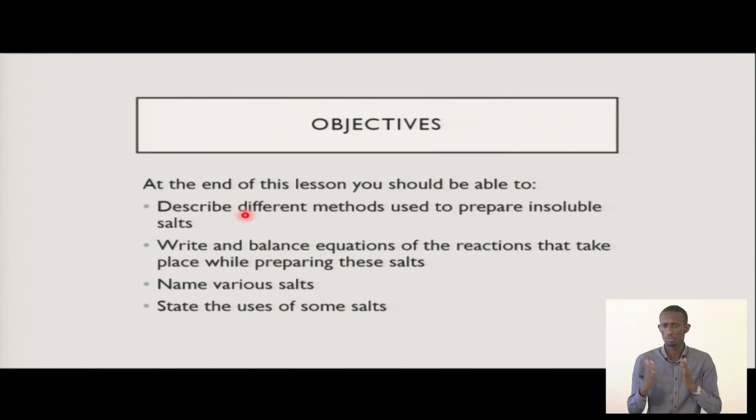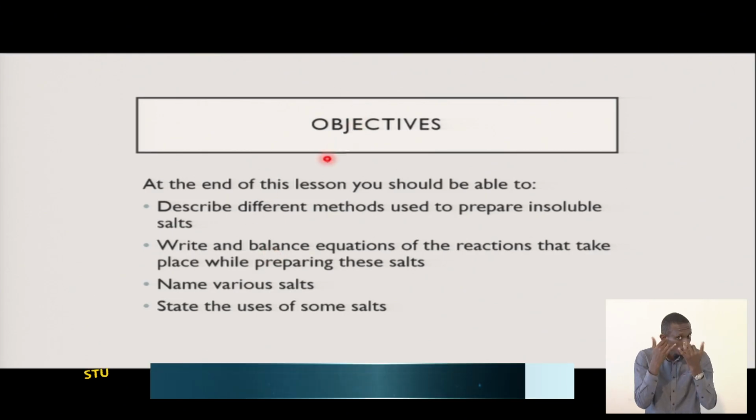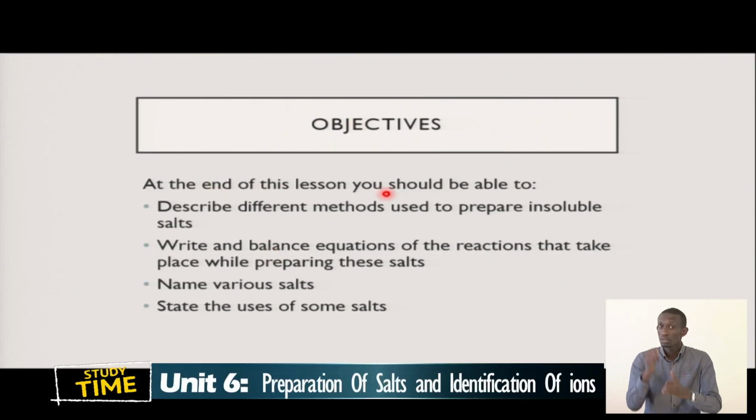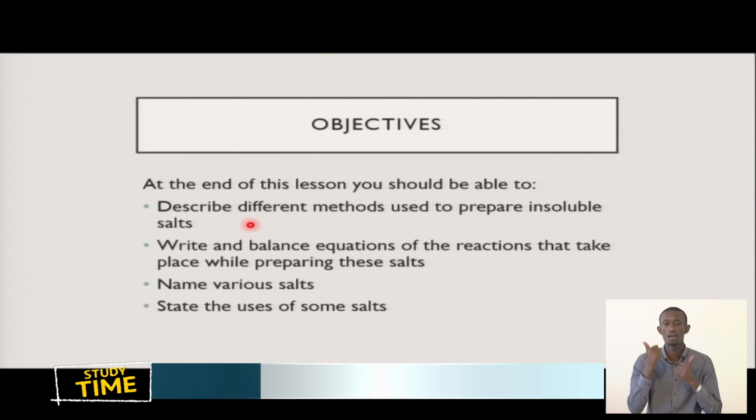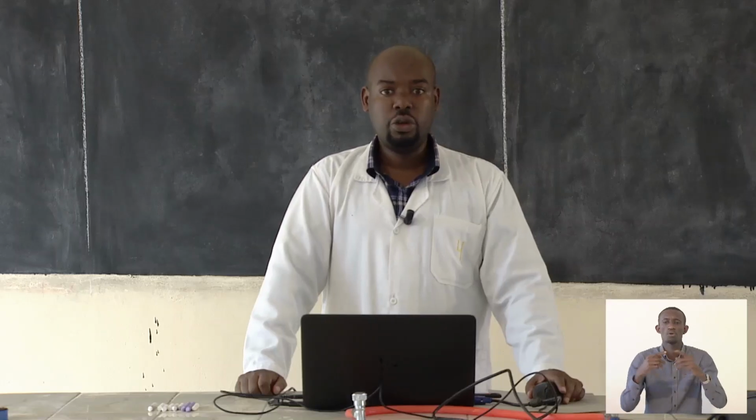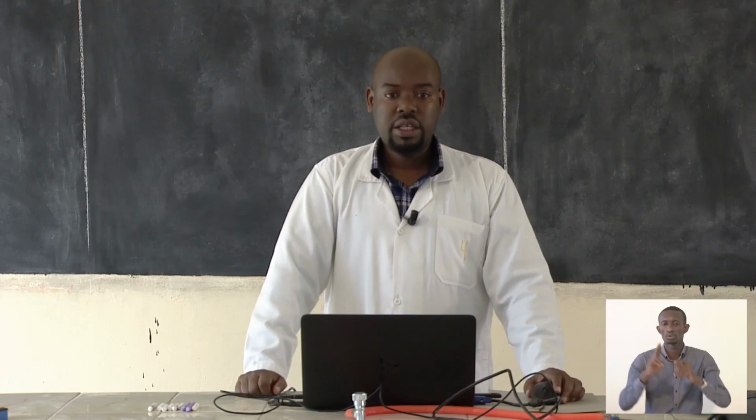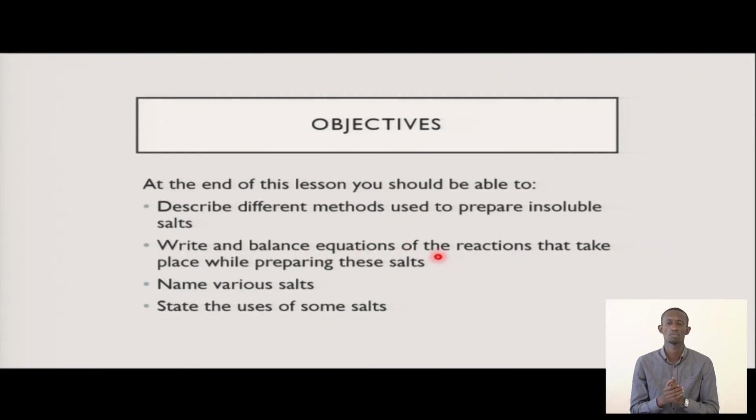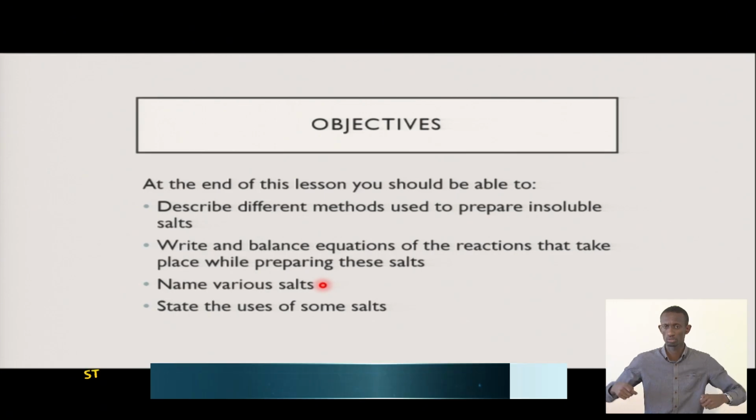Here we have the objectives of our lesson, and at the end of this lesson, you should be able to describe different methods used to prepare insoluble salts, write and balance equations of the reactions that take place while preparing these salts, and name various salts.